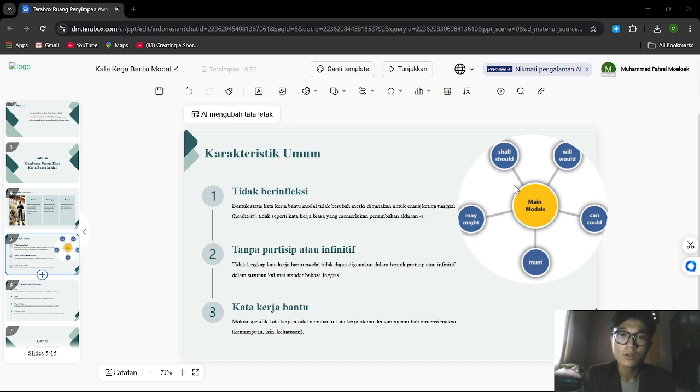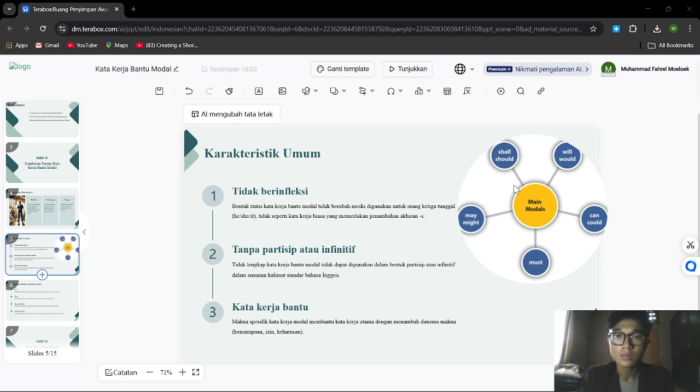Okay, before we look at specific words, there are three key characteristics you should know. First, they are non-inflected. This means they don't change form. Unlike regular verbs, we don't add an s for third-person subjects like he, she, or it.